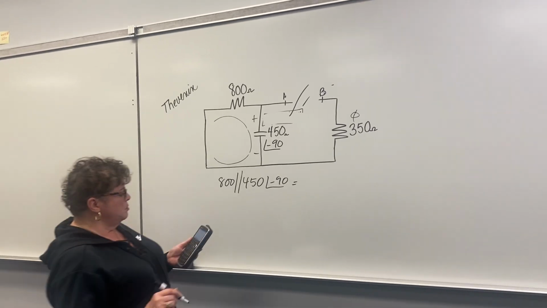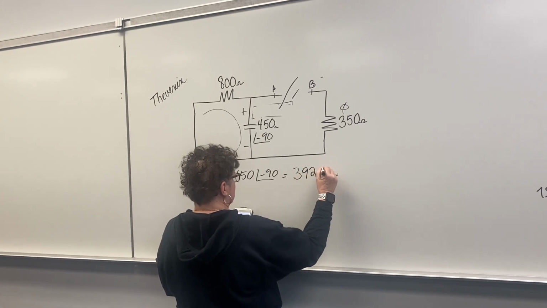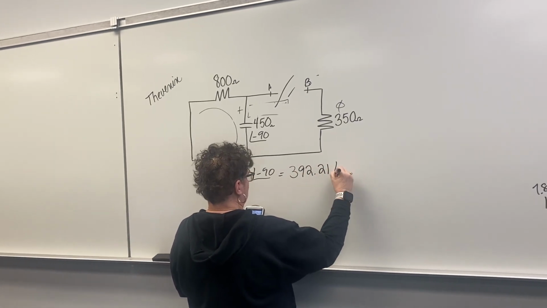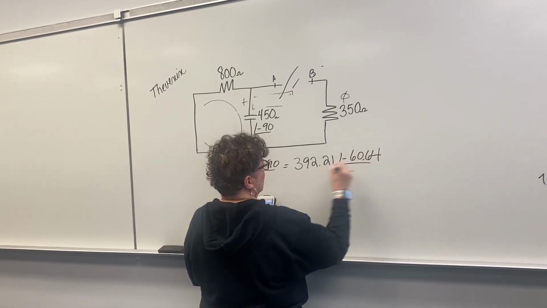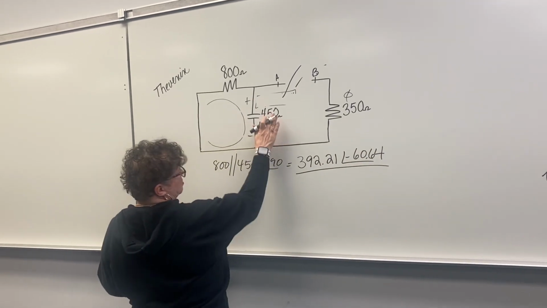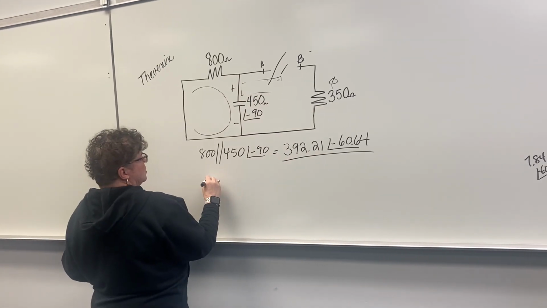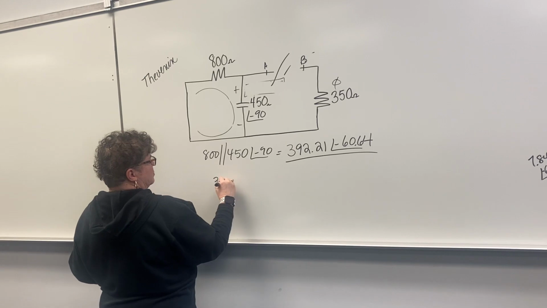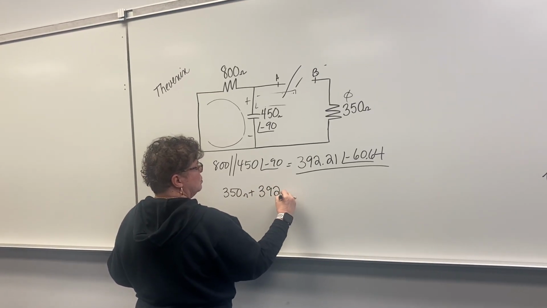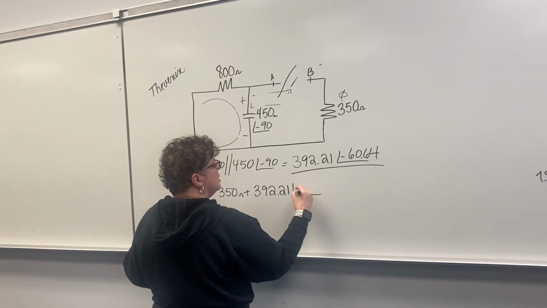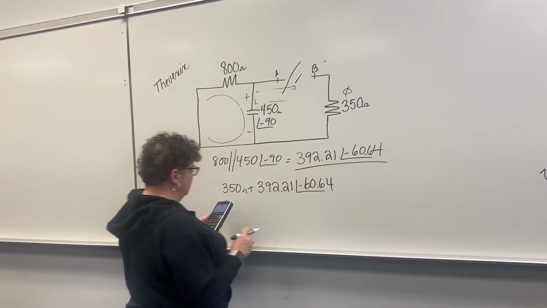So when you put those in parallel, you get 392.21 ohms at an angle of -60.64. Okay, so that answer would be here. And it would be in series with this 350. So we're going to add 350 ohms plus 392.21 at an angle of -60.64.